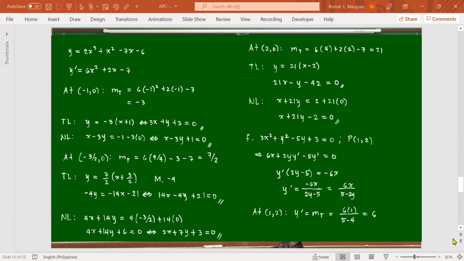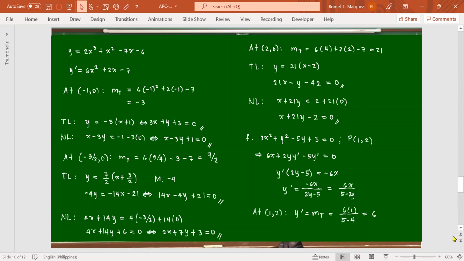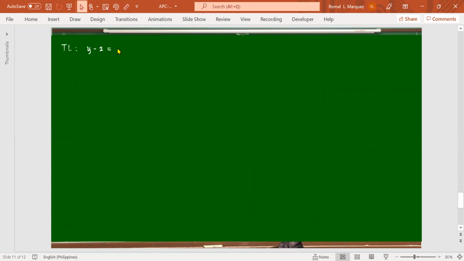What's now the tangent line? Y minus 2 equals 6 times x minus 1. Getting 6x minus y minus 4 is equal to 0.